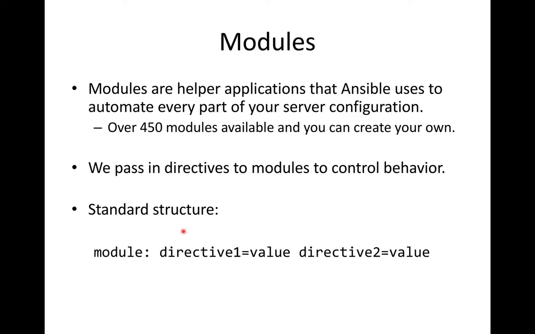So here's the typical structure that you'll see within a playbook when we're referencing a module. You'll see that we call a module name, so we use the module name followed by a colon, and then a series of directives. The directives are generally key value pairs, and these directive key value pairs are passed into the module, and the module will run a certain way based upon what directives we pass into it.